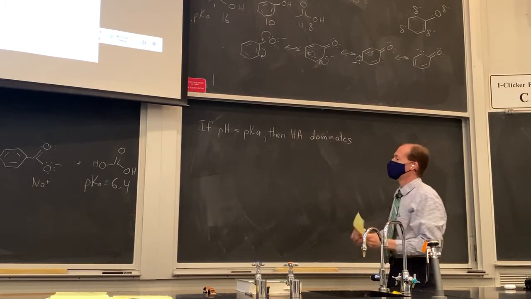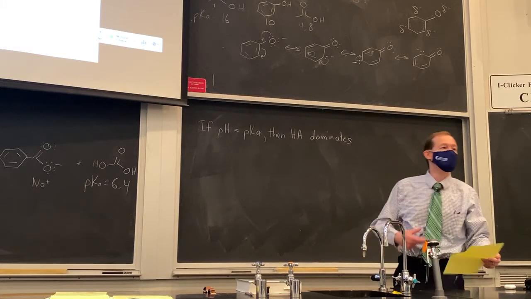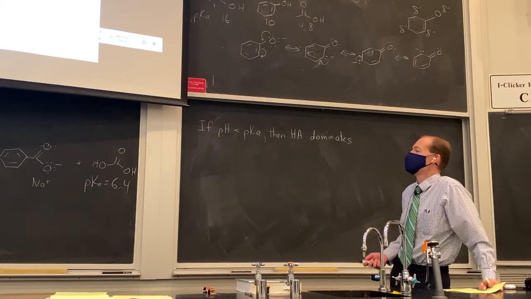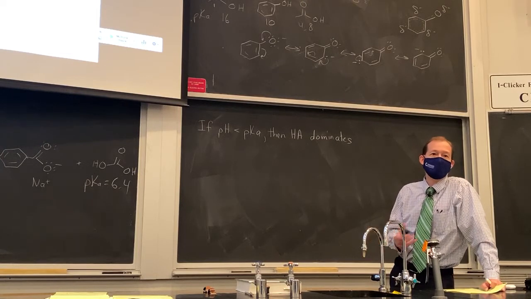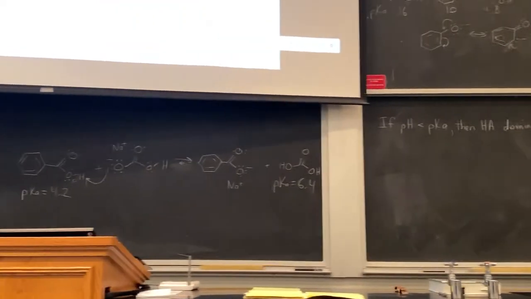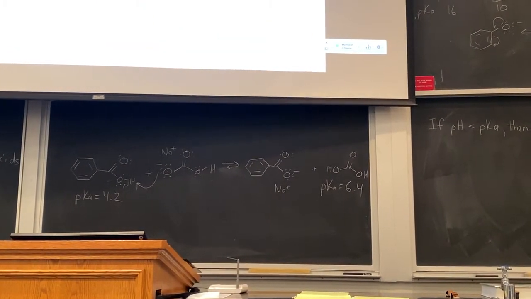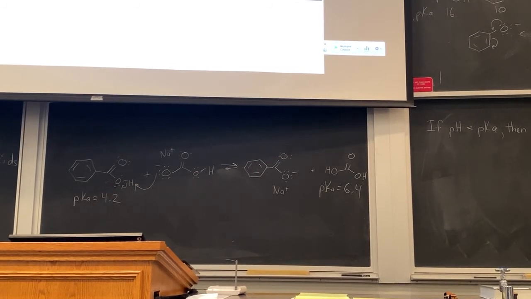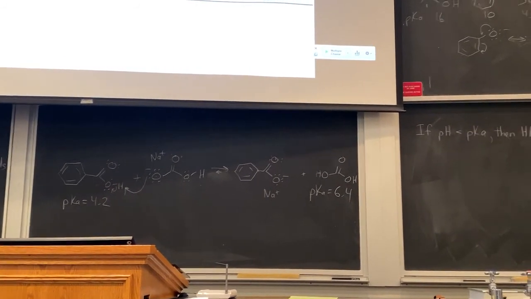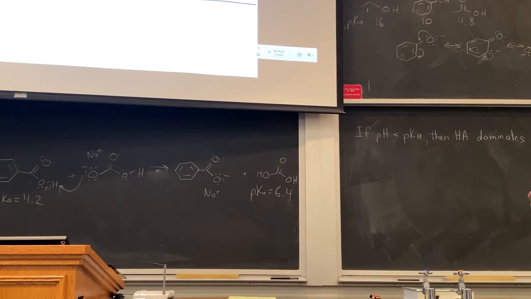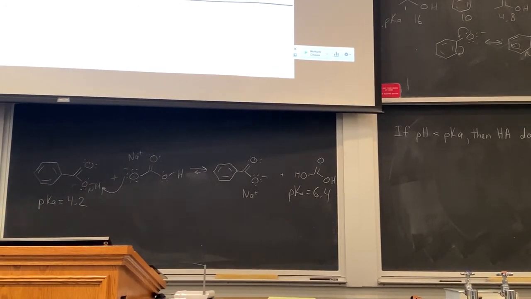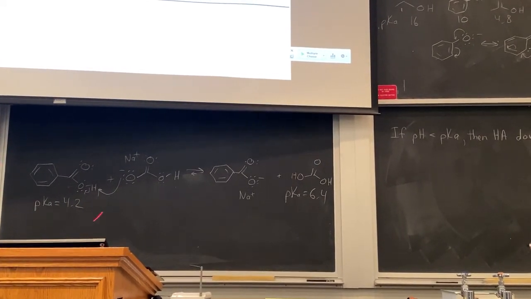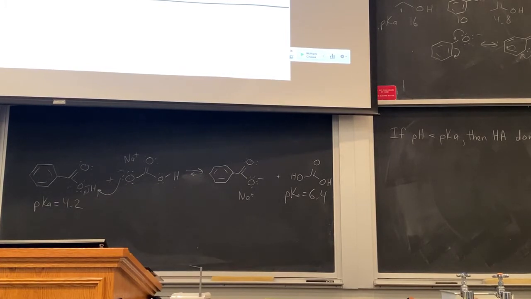Okay. So if we look at benzoic acid, we have a solution of benzoic acid in some aqueous buffer at various pH. If the pH of that solution is below 4.2, we have a high concentration of acid, a low concentration of base, and therefore we're going to have a higher concentration of benzoic acid than of benzoate, its conjugate base.